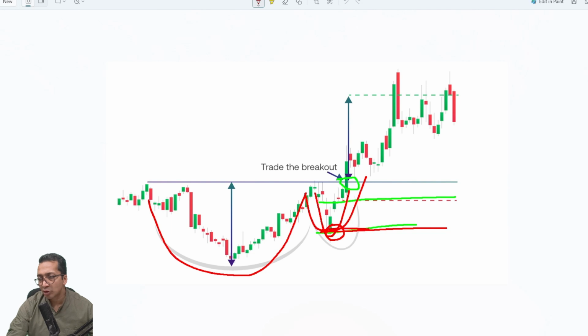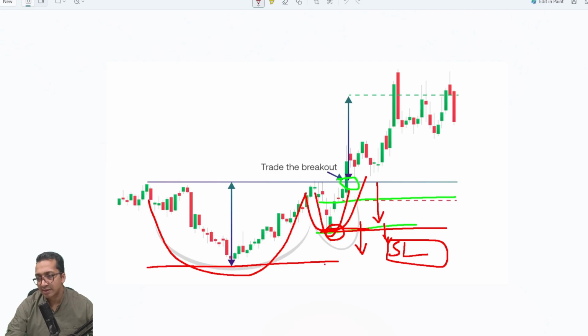A smaller dip should be respected when market is going down. But if it has been broken, then that would mean that our stop loss will now be triggered because there is something seriously wrong about this stock, and that's why it wants to go down further than this point. And based on the situation, sometimes you take this as the stop loss as well, depending on how big this stop loss is and what is your tolerance level.